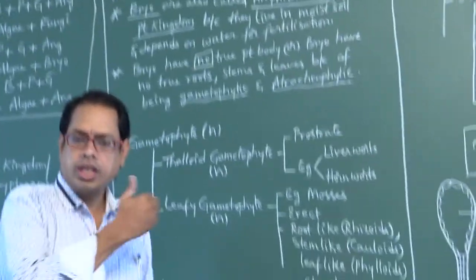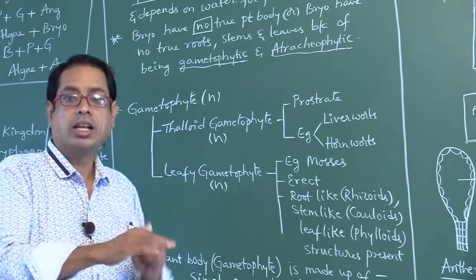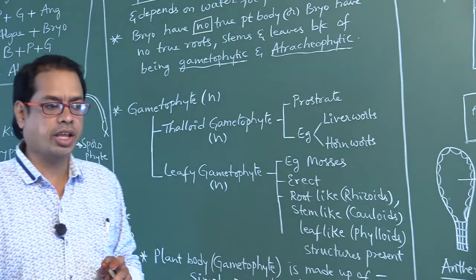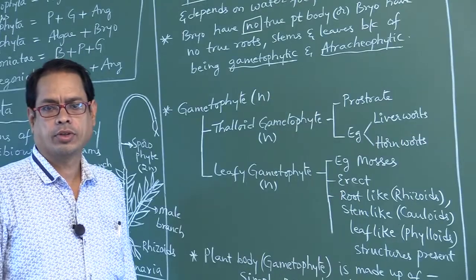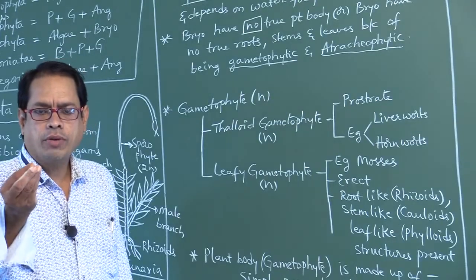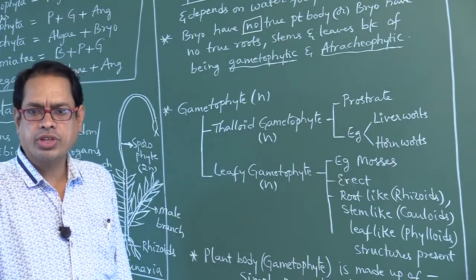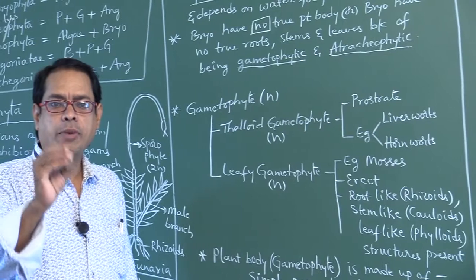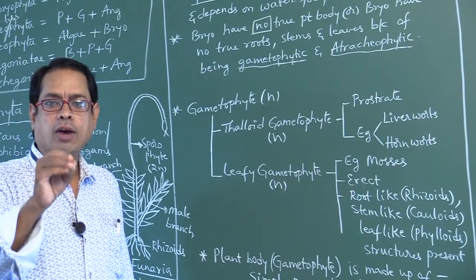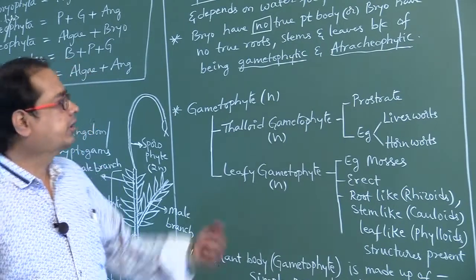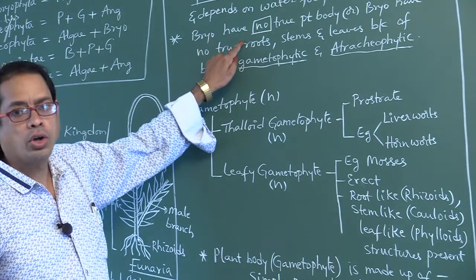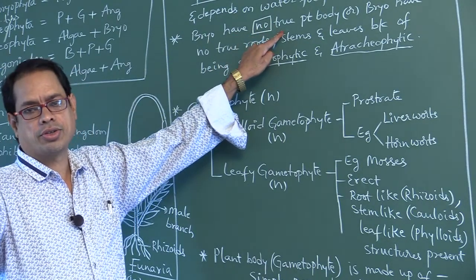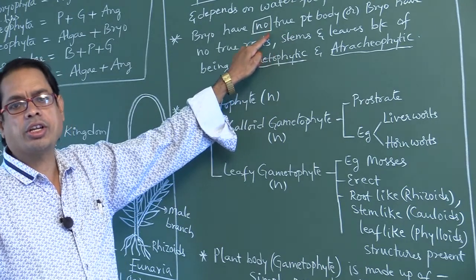Of course, the gametophyte does not possess vascular tissues. That's why gametophyte parts have no vascular tissues. That's why bryophytes have no true parts, meaning parts having vascular tissues. Here, no vascular tissues in the gametophyte.